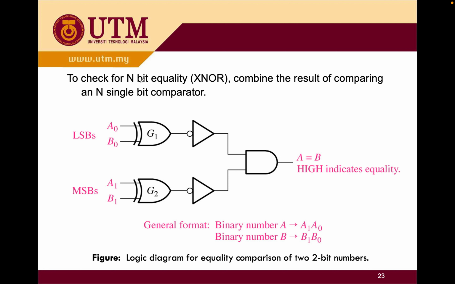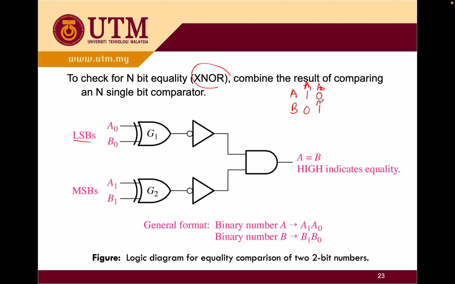To check for n bit equality, which is your XNOR, combine the results of comparing n single bit comparators. So you're going to compare this first, for your LSB. Let's say you have 1, 0 and 0, 1. This is B, this is A. This will be your A0, this will be your A1.